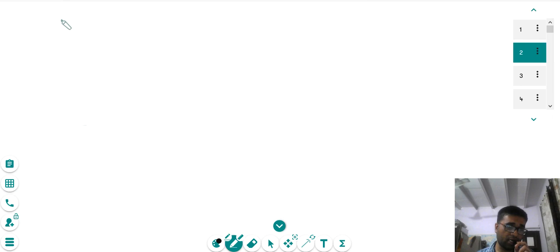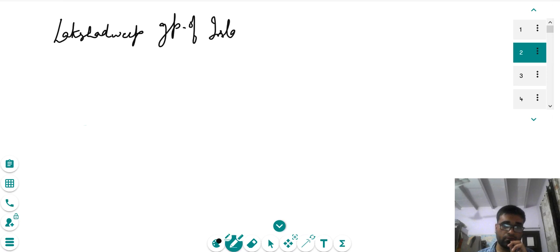When you see the second island group, that is the Lakshadweep group of islands, they are coral islands.